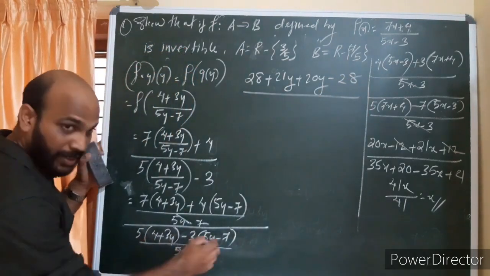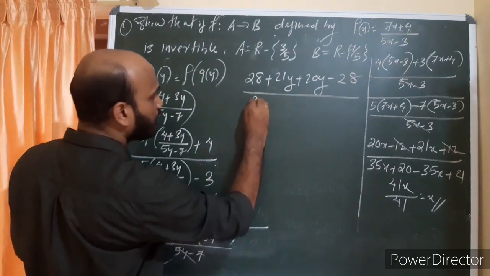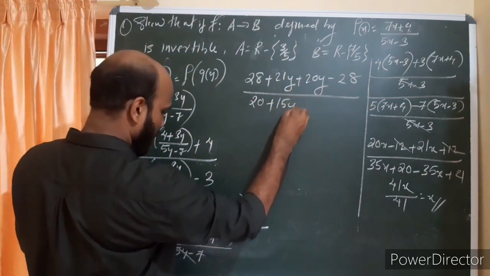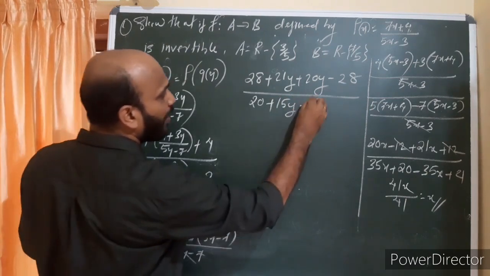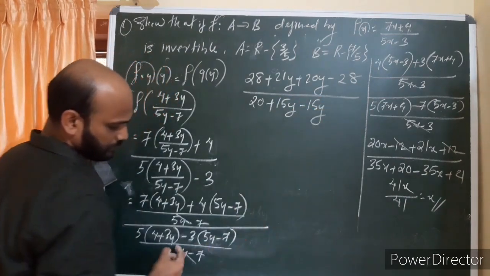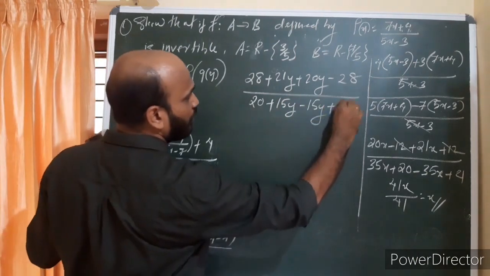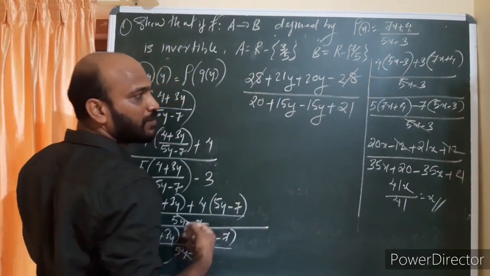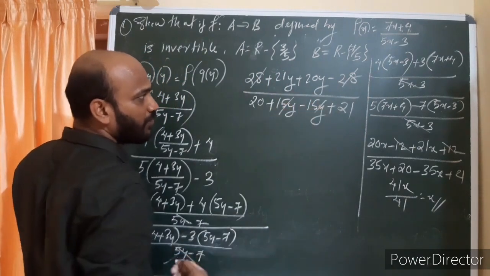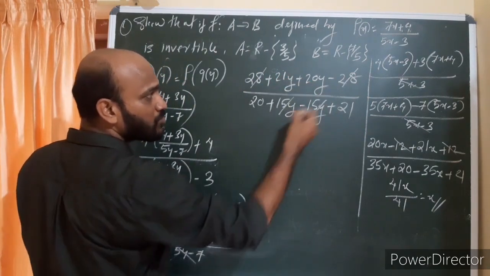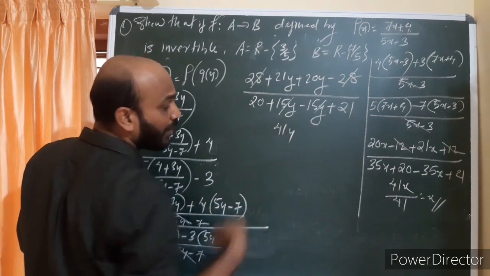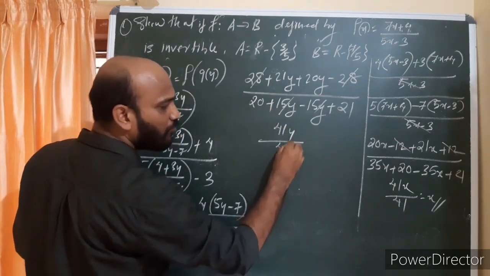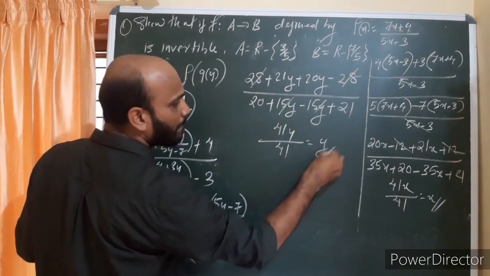And the denominator also you can expand, so you will get 20 plus 15y minus 15y plus 21. We can cancel plus 28 minus 28, plus 15y minus 15y, remaining 21y plus 20y, 41y you will get. Denominator 20 plus 21, again 41. So the answer equals y.